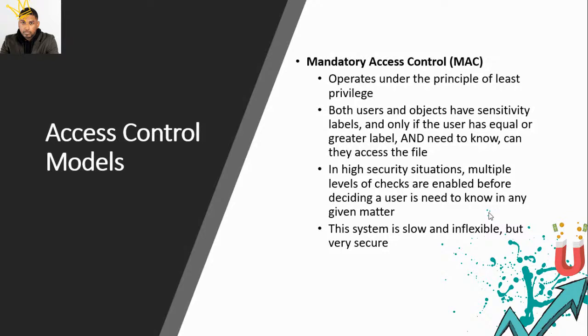In order for me to see top secret information, I need a top secret clearance, and I also have to have a need to know the information that I'm looking at. Just because you have a top secret clearance doesn't mean you get access to all top secret information. Only the information that you need to know, from a principle of least privilege, for the job and the role that you're assigned to.